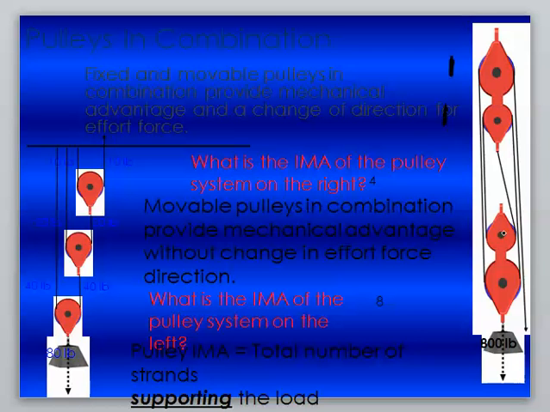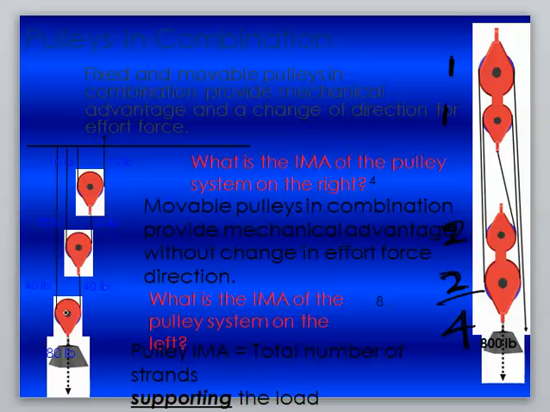Down here, this is one that's going to move, so it would have a mechanical advantage of 2, and this one has an ideal mechanical advantage of 2. So to find the IMA, we do a little math. We multiply them: 1 times 1 times 2 times 2 gives us an ideal mechanical advantage of 4.